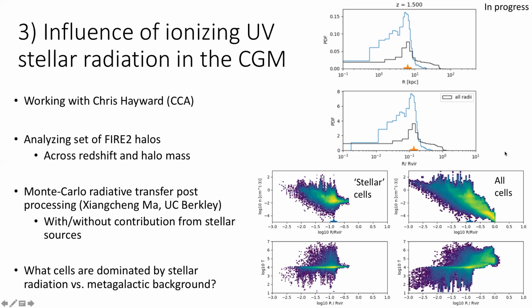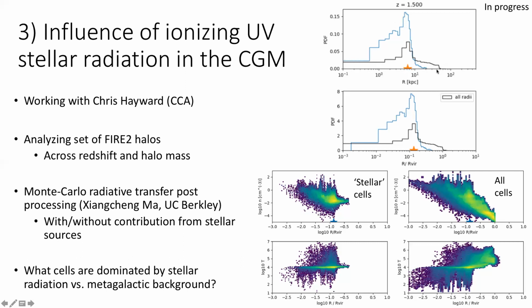So here's an example. Over on the right, I have a histogram of the radius of the different cells in the simulation for a particular halo at z equals 1.5. In blue are the cells that are affected by stellar sources, and in black are all of the cells.